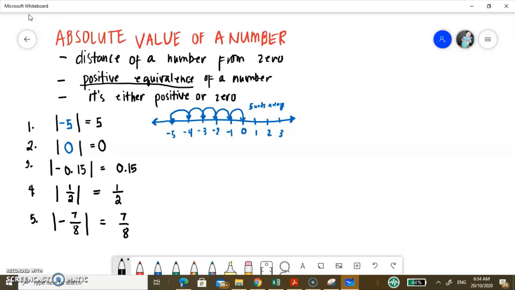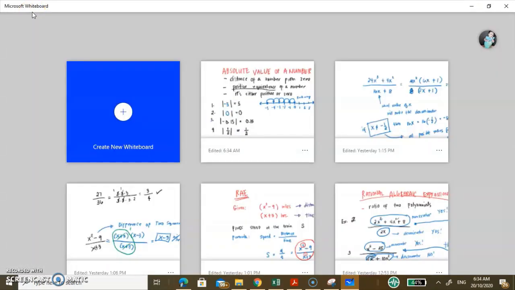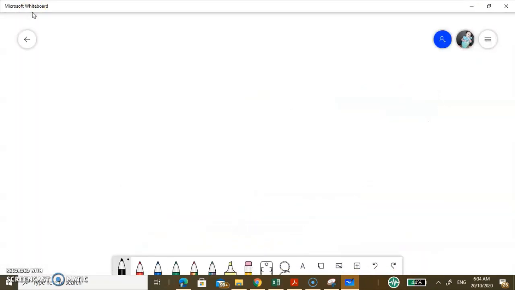Okay? So, let us have true or false statements here. Let's try. You just have to write true or false. So this is still about the absolute value of a number. So say the absolute value of negative 8 is greater than the absolute value of negative 9.